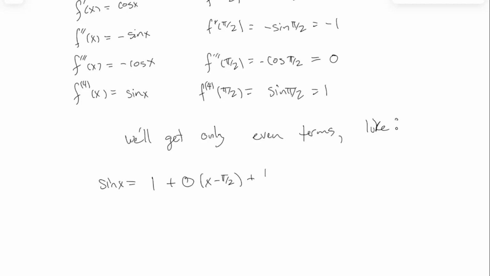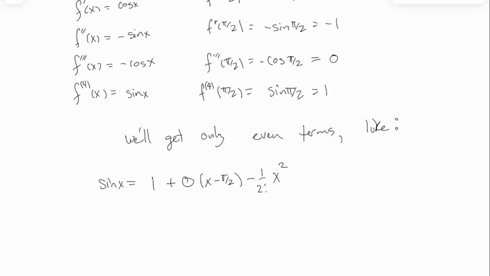The next term looks like, sorry, it's not plus, it's minus, 1 over 2 factorial. The degree 2 term has a 2 factorial in front of it. Times x squared.